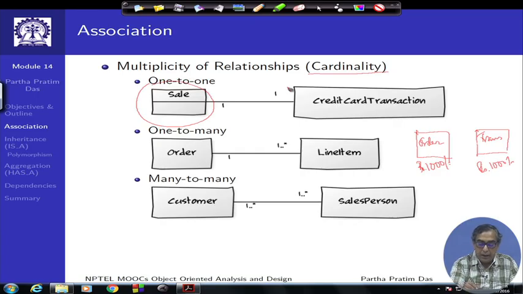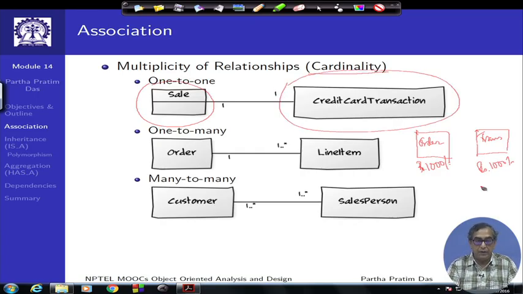If we identify the order as a sell object which the merchant has sold you, and the credit card transaction as a transaction object through which you have facilitated the payment to the merchant, then for every order, every sell that you do, every buy that you do, that sell object must have a corresponding credit card transaction object.